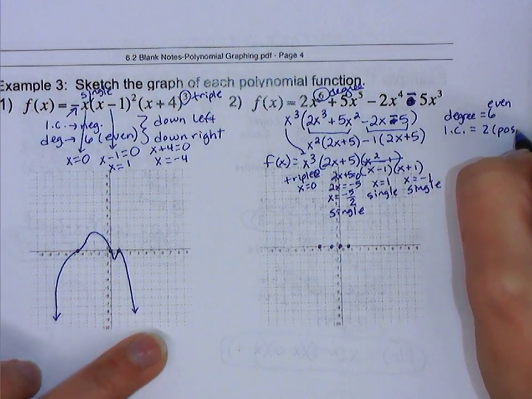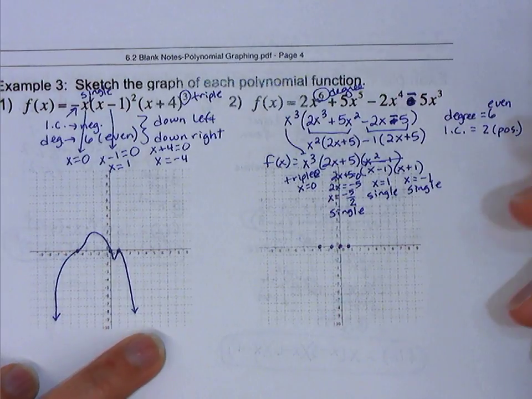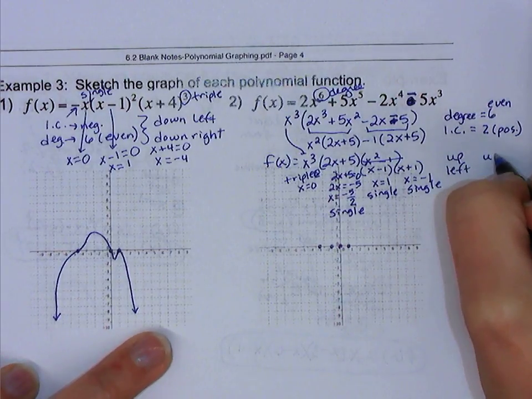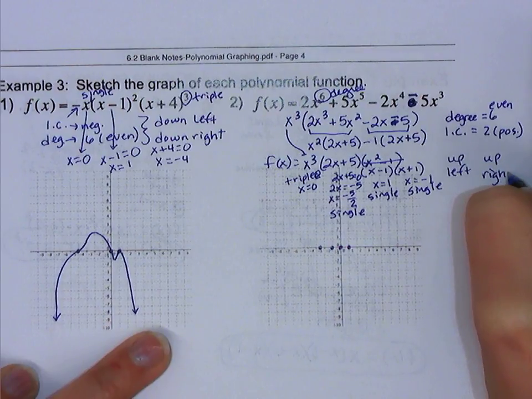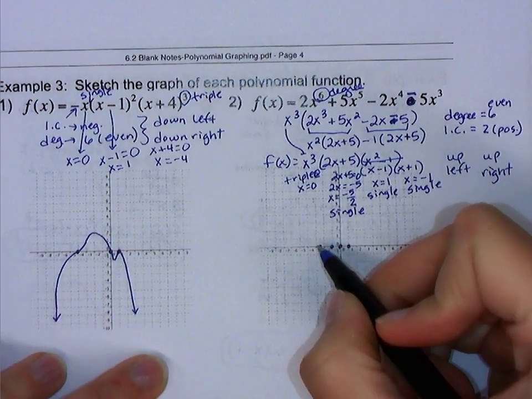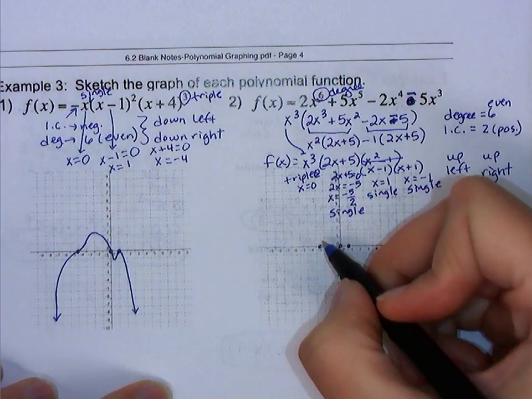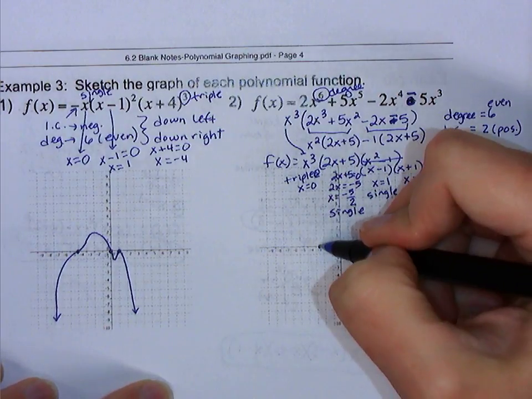So remember, if it's even and positive, it'll go up to the left, up to the right. Okay, so I want it to go up on the left, and negative 5/2 is a single, so I'm going to go straight through here.